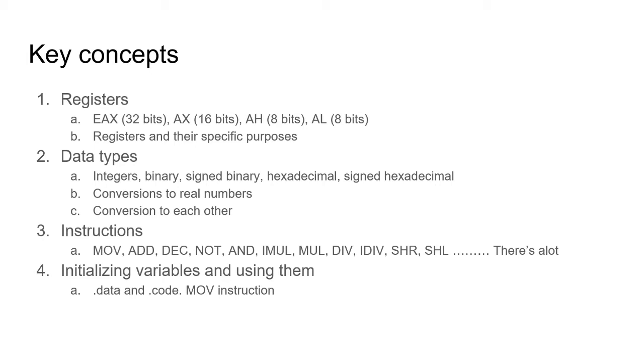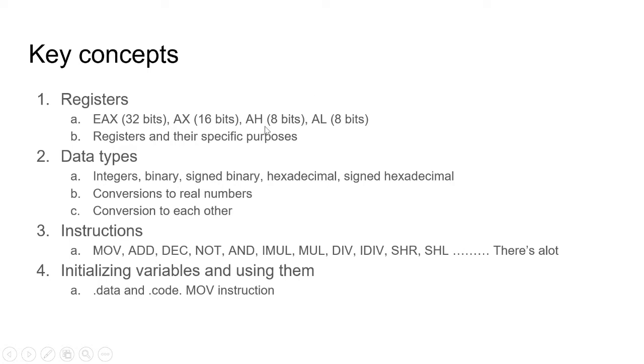Key concepts. This is kind of an important slide, guys. Registers are something you don't really deal with in other programming languages, but they're very important in assembly. You have your base register, which in this example is EAX, one of your registers, which is 32 bits. That can be broken down into AX, which is the lowest 16 bits in the EAX register. The AX register can be broken down into two smaller registers, I suppose.